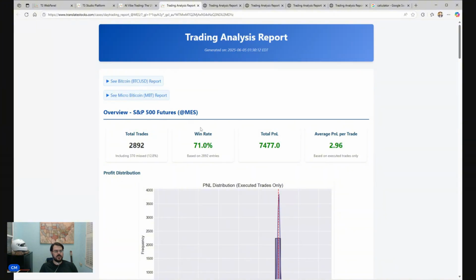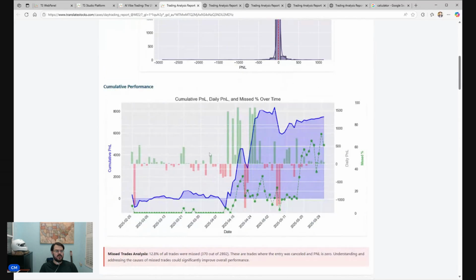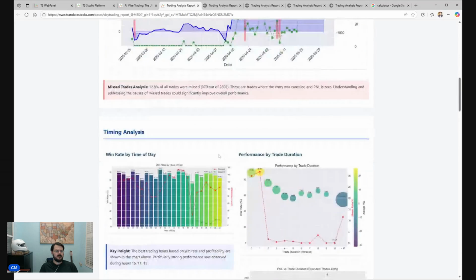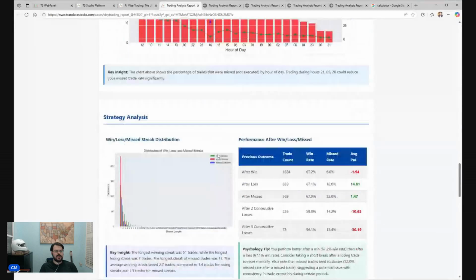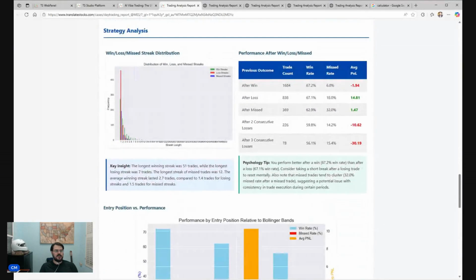When you come to this report, you see $7,000 in profit with a lot of data, and an interesting metric: after one loss, we have an average P&L much higher than on the other trades. So why did this happen?